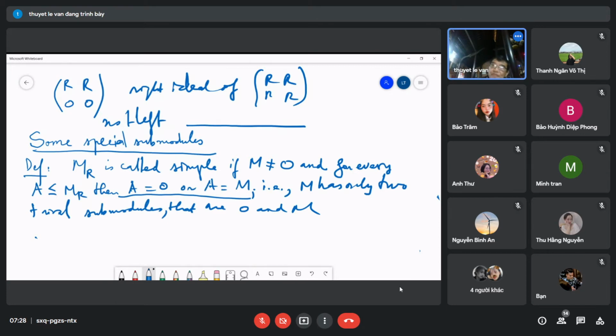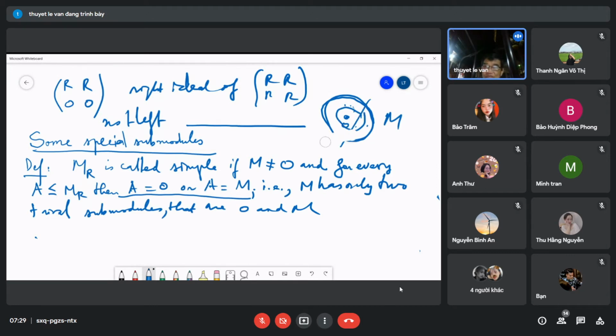You can see that here is a module M, and then here is the element 0, and there are many elements here, but the submodules are only 0 and M. Between them there is no submodule.